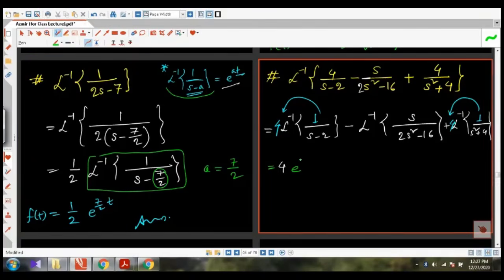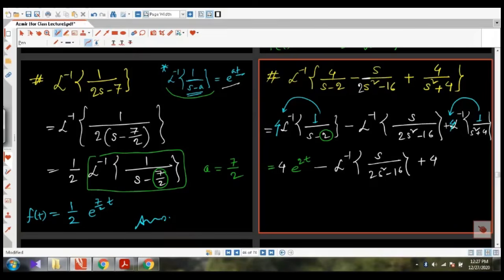E power, what will be the result? 2t, right? Yes. Negative. The second one is going to be the complicated part, so let's leave this one for now. We'll think about this one later. Now the third one.